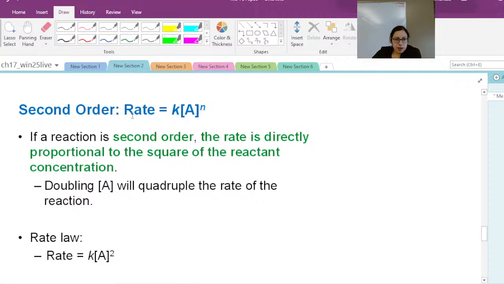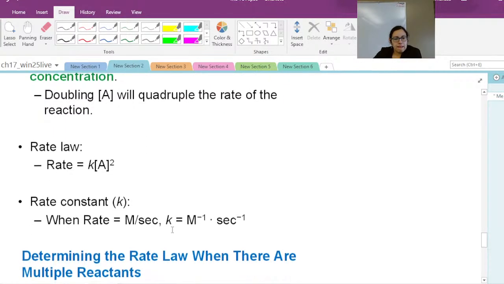And then second order. Again, our generic rate, and we put a 2 here now for N. So obviously if we were to double A, now we would quadruple the rate of our reaction. And now we have units.